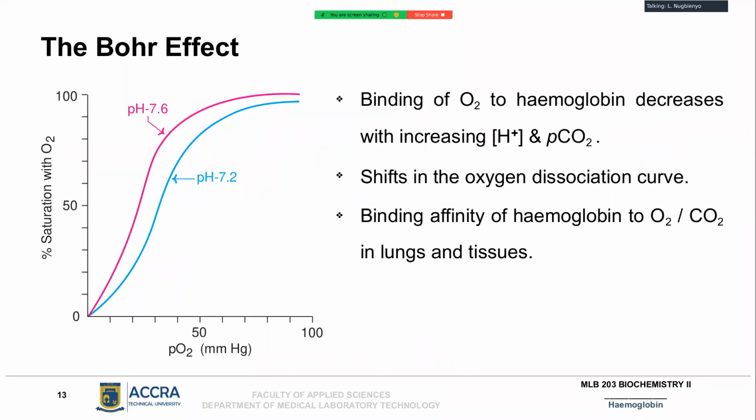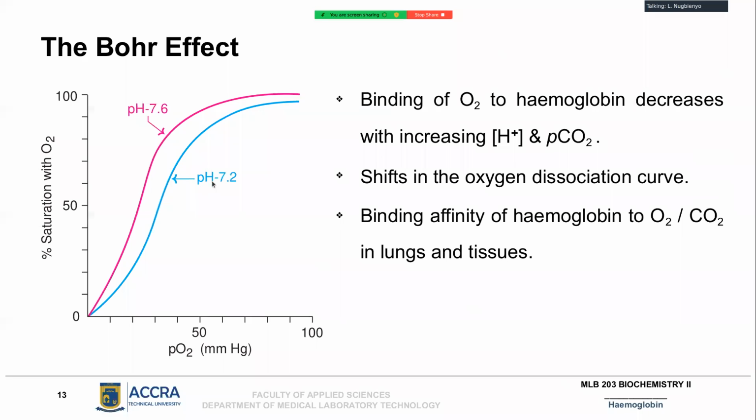In other words, we are only saying what we have said earlier: the affinity of hemoglobin for oxygen will decrease in the tissues when more hydrogen ions are present, because it will have to release the oxygen faster to carry the hydrogen ions away.